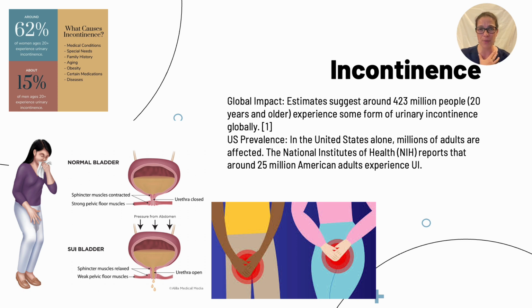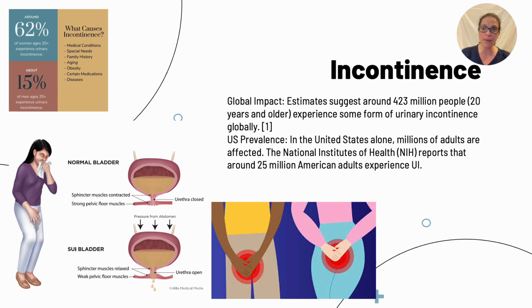Now, this actually happens a lot more often than you would think. This is where you can no longer control that sphincter at the bottom of your bladder and it becomes leaky. A lot of women will have incontinence, more so than men, and a lot of times it's due to pregnancy, okay?